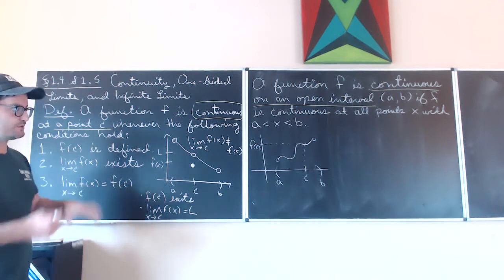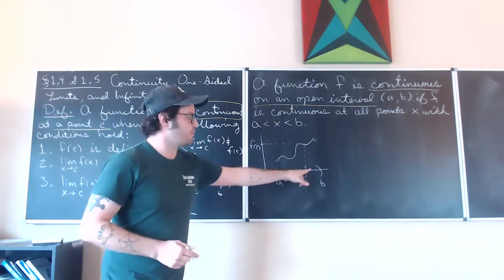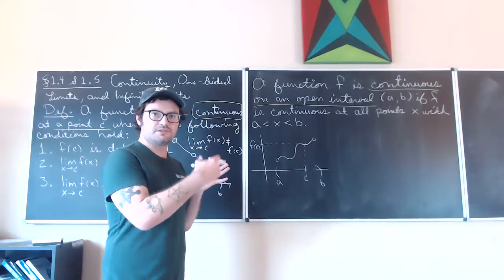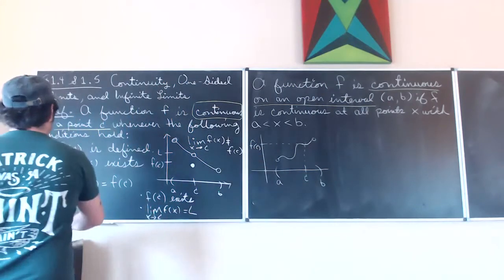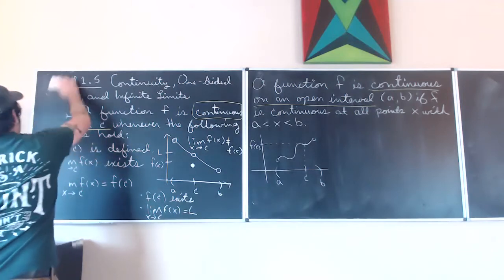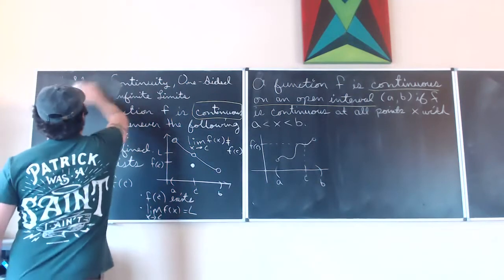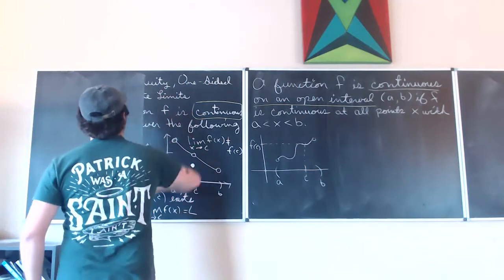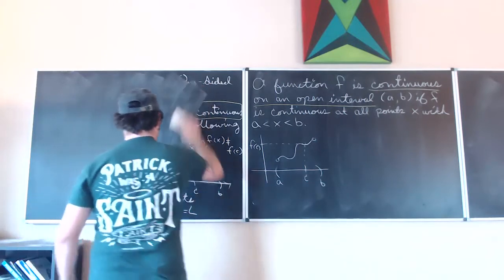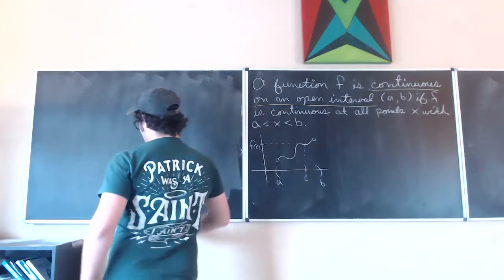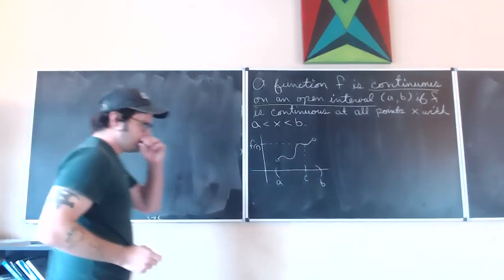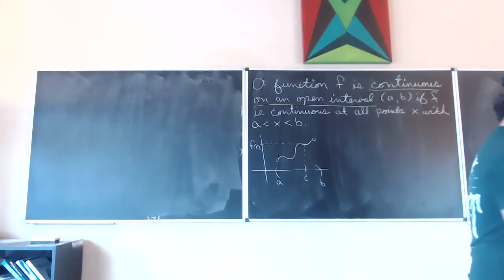And if you have an open interval and it's continuous at every point in that open interval, then the function is just said to be continuous on that open interval. Okay, so next definition.